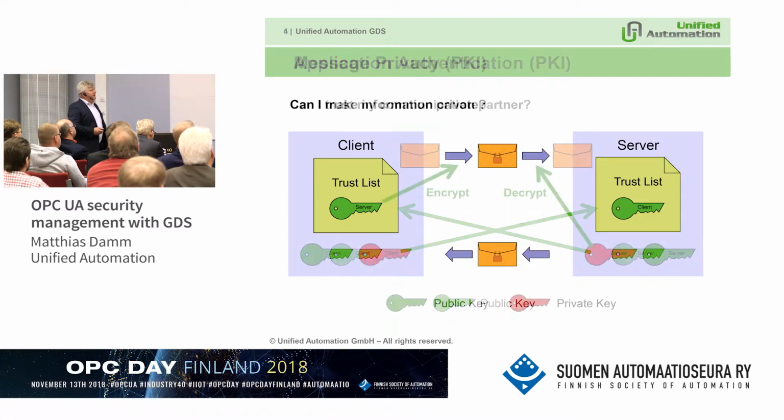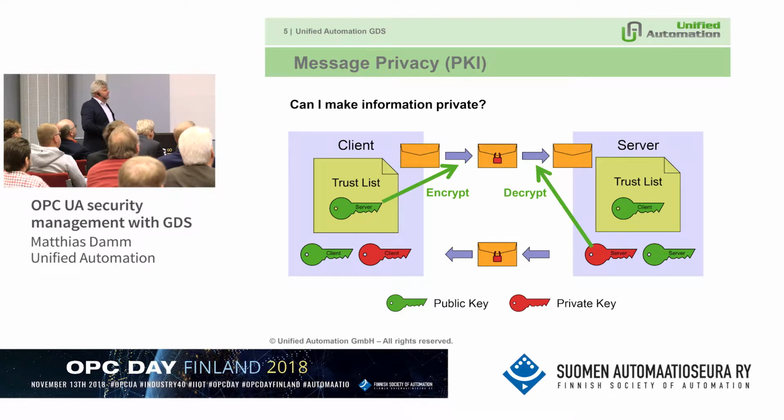And then for every public key, you have a private key, and like what the name says, private key means you keep that private inside the application. And in the best case, you have some crypto storage inside the device that makes sure the private key never leaves the device. And the private key is used for two things.